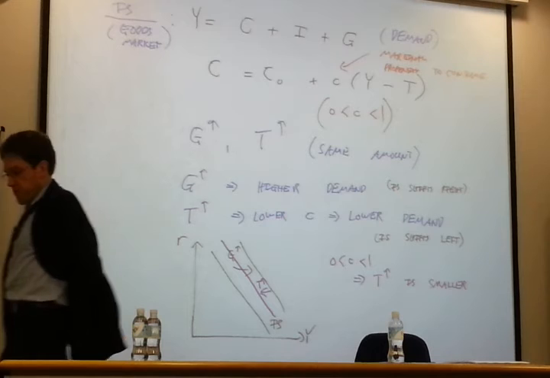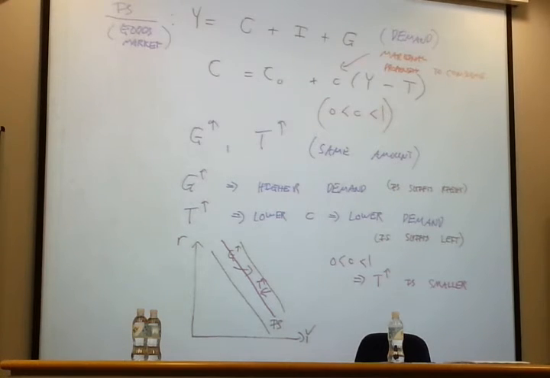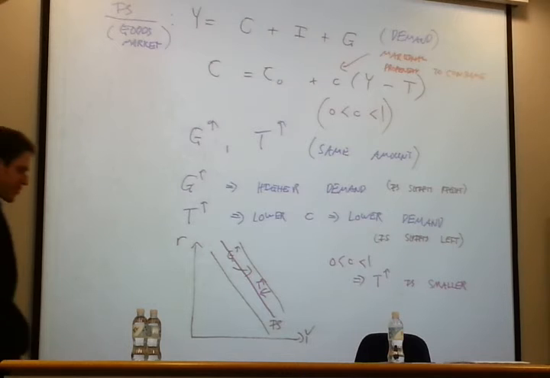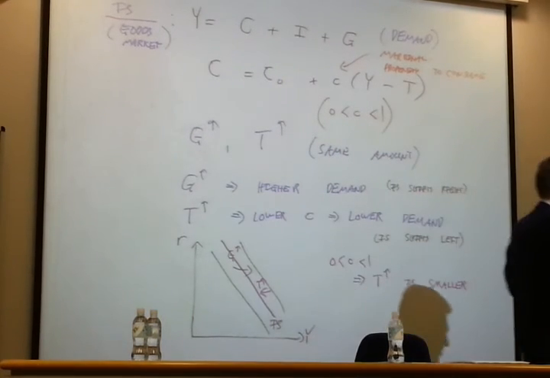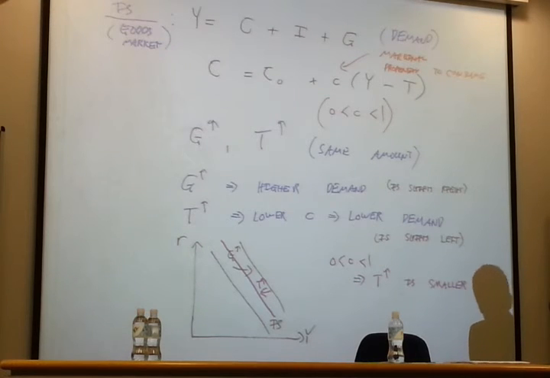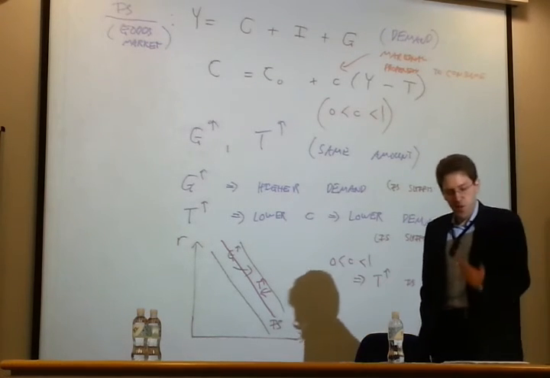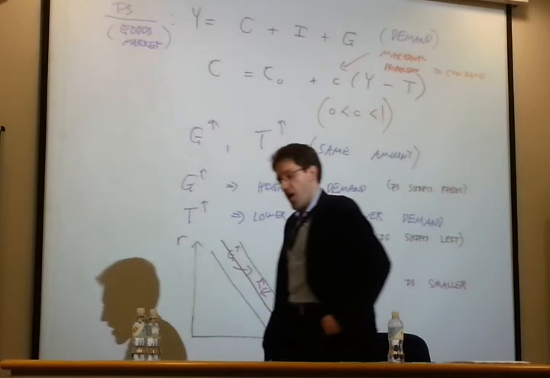So here you can focus simply on the case of taxes being lump sum. In fact, that's the case throughout this course. Unless you're told otherwise, you can always assume taxes mean lump sum taxes.